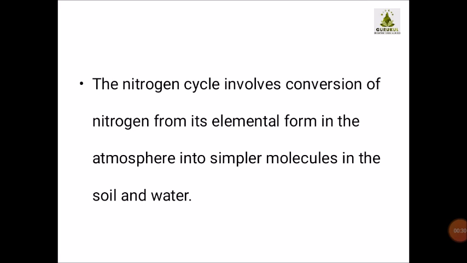Now what happens in the nitrogen cycle? The nitrogen cycle involves conversion of nitrogen from its elemental form in the atmosphere into simpler molecules in the soil and water. Okay, so the elemental atmospheric nitrogen is converted into simple molecules in soil and water.